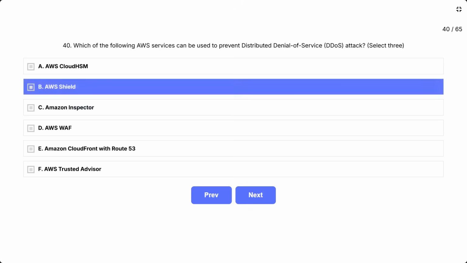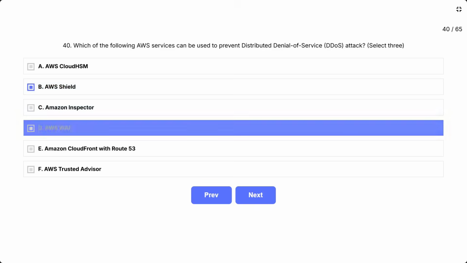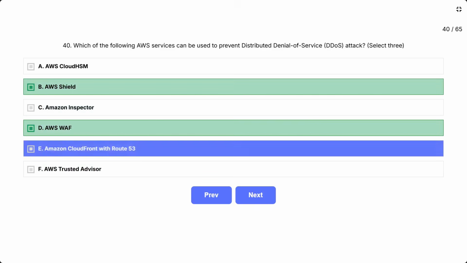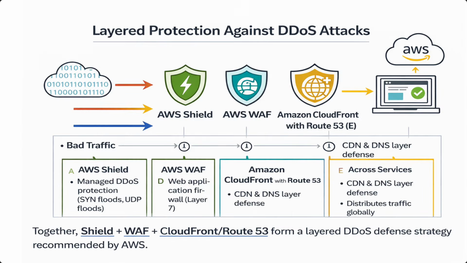D, AWS WAF. E, Amazon CloudFront with Route 53. AWS Shield (B) is a managed DDoS protection service that automatically detects and mitigates infrastructure layer DDoS attacks like SYN floods and UDP floods against resources such as CloudFront, Route 53, ALB, and others. AWS WAF (D) is a web application firewall that helps protect against application layer, Layer 7, DDoS attacks by letting you define rules to block bad HTTP requests, limit rates, and filter malicious patterns.